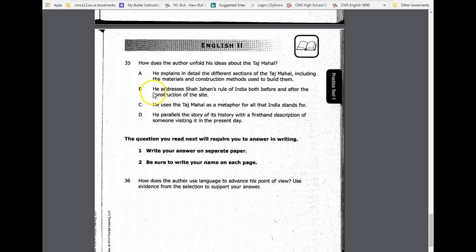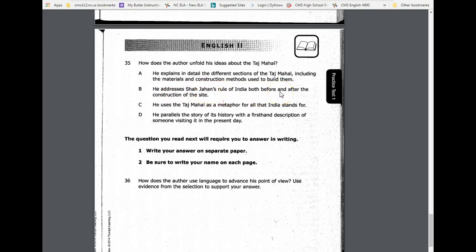All right, so the next answer choice, he addresses Shah Jahan's rule of India both before and after the construction of the site.